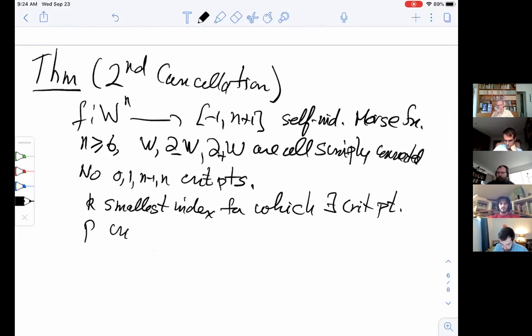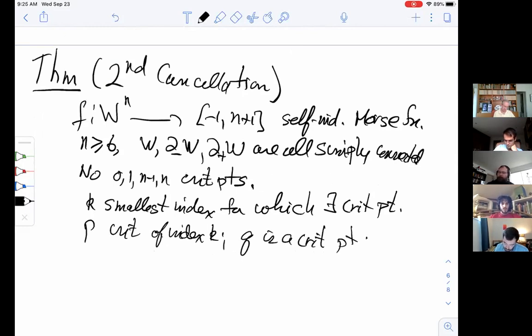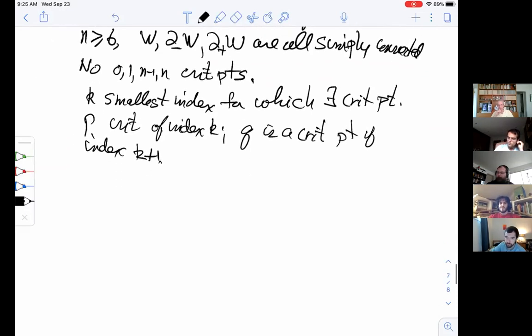P is a critical point of index K. Q is a critical point of index K plus 1. So I have, again, this pair of critical points, as far as the indices are concerned, is just like in the first cancellation theorem.